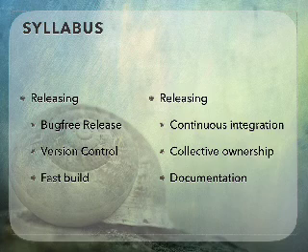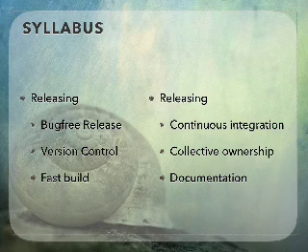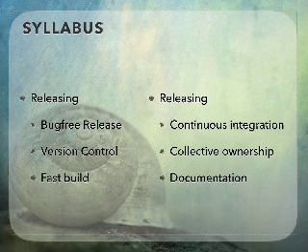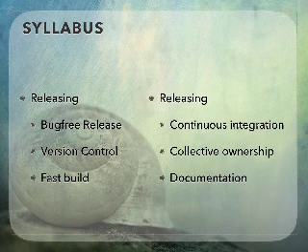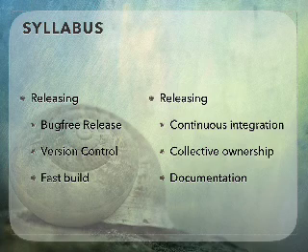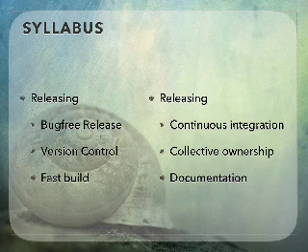This way of pushing your code from one phase to the other is called releasing. And we have seen some basic principles which can help us push our code to the next phase in a very short amount of time. And we have seen a checklist of what all to be verified every time we push code from one phase to the other. We have seen what releasing basically means.